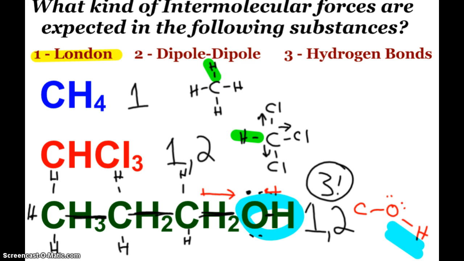A little messy on this page, but hopefully you followed me. CH4, CHCl3, and the propanol all will have London forces. All of them do. Dipole-dipole, you need to have a polar bond or a polar molecule. And so yes, the last two have that. And then hydrogen bond, again, you must have the hydrogen attached to nitrogen, oxygen, or fluorine in order for hydrogen bonding to be possible.